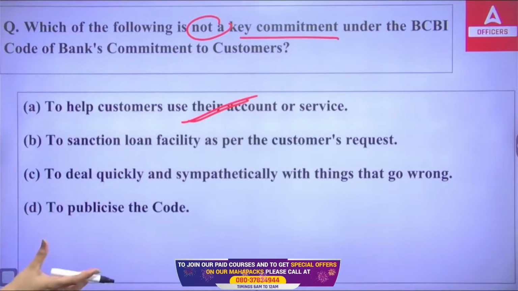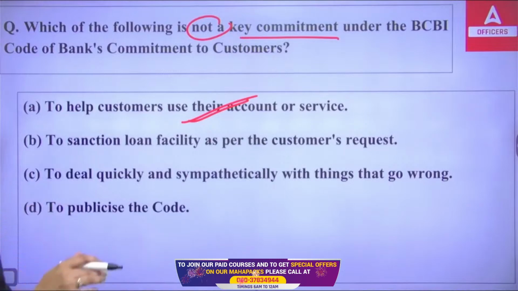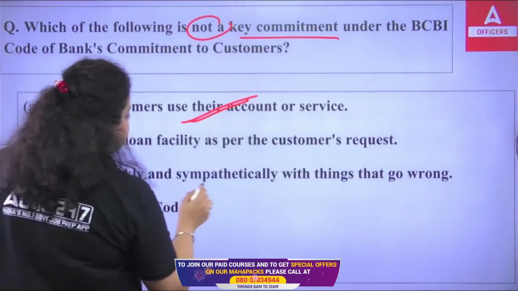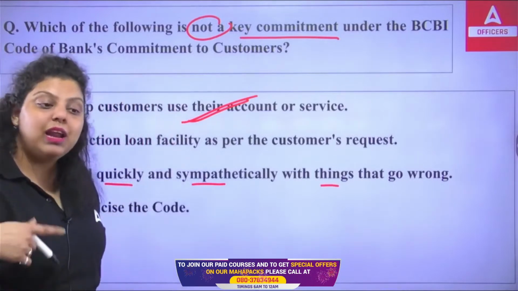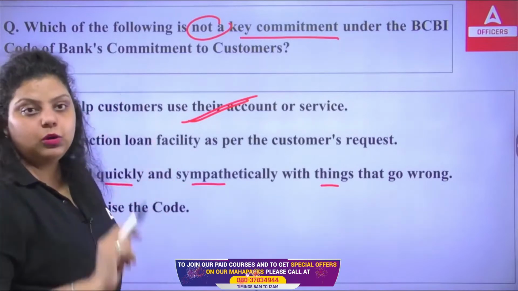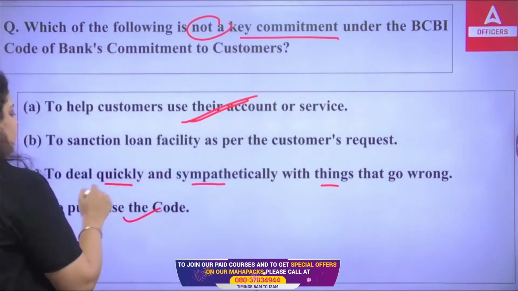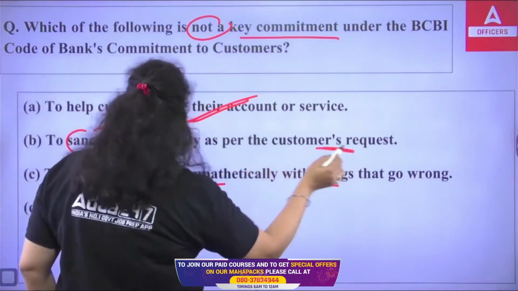They have to help the customer use their account and the services they are taking from the bank. Third is to deal quickly and sympathetically with things that go wrong. Obviously, if customers have faced a certain loss or problem, you have to help them out. Publicize the code, this is true.